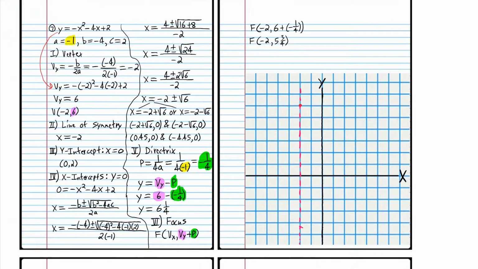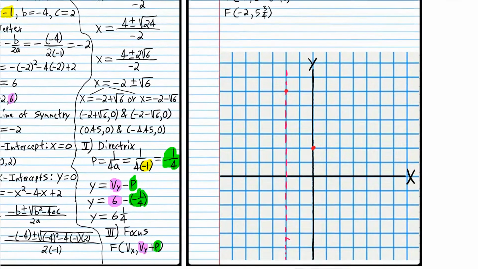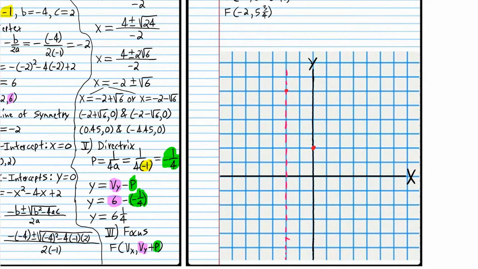And the y-intercept is 0, 2. I'm going to draw that. X-intercepts are 0.45, 0. So that would be about here. And negative, whoops, that's the wrong side. 0.45, 0 would be here. And negative 4.45, 1, 2, 3, 4, that would be about here.